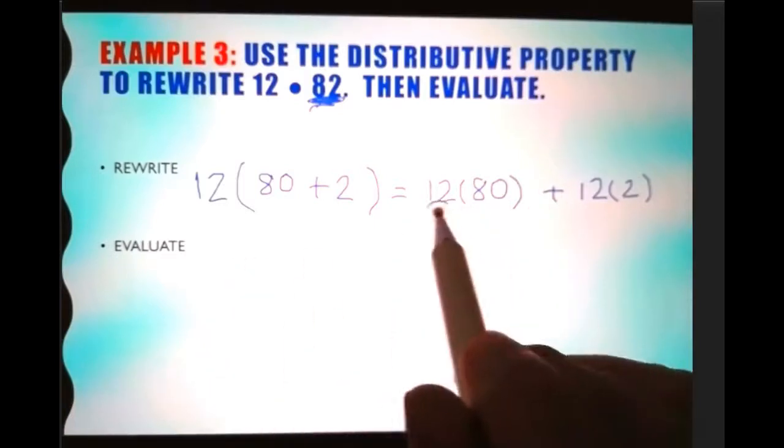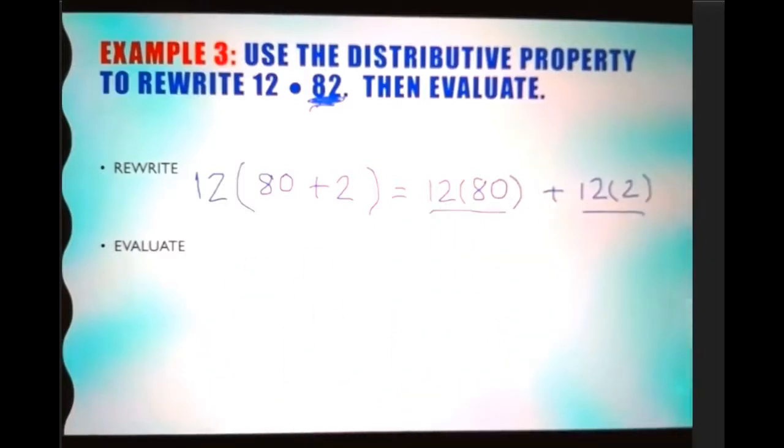Now you're going to multiply these two together and these two together. And I'm sure for some of us, we'd still really like to use a calculator for 12 times 80.